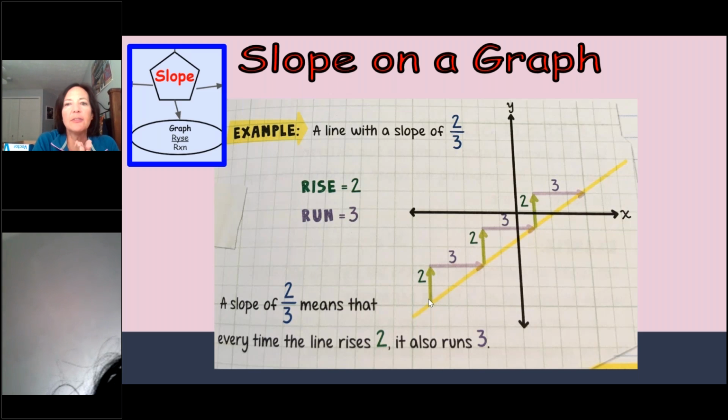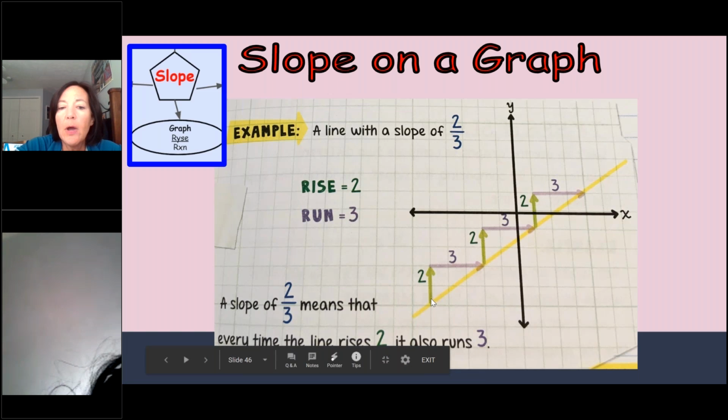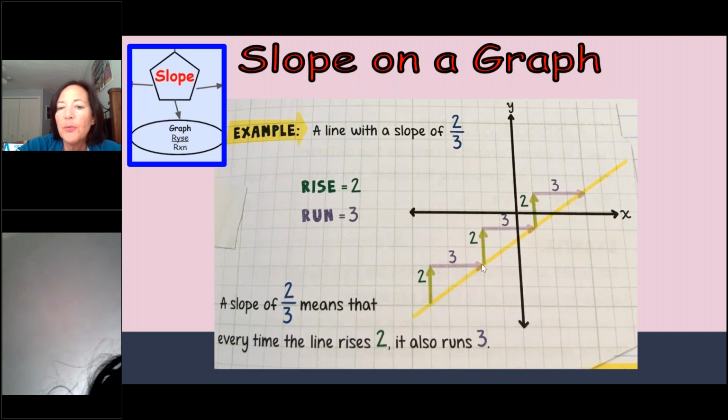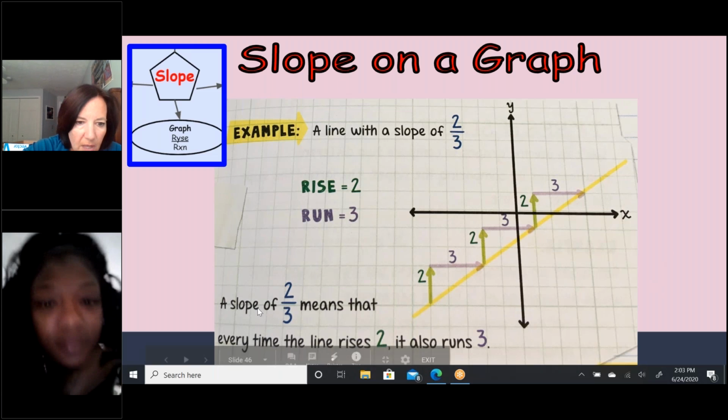So we can't travel on the yellow line. We have to travel on those really faint gray lines. So we have to go up 2 boxes because the rise was 2, and we have to run 3 boxes. So go up 2, over 3. Put a point. That point's on our line. Rise 2, run 3. Put a point. That point is on our line.